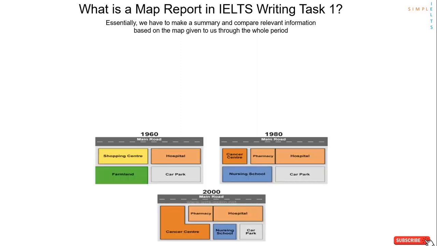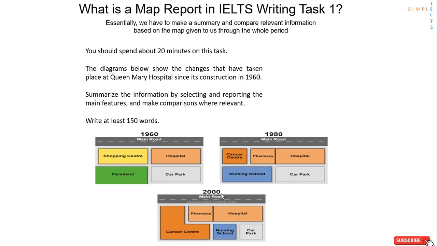So here, as we can see, we are faced with three maps, located in the same place, from 1960, 1980, and 2000. There are several establishments there, and they are something that we have to explain. And there are several things that we have to know about this.